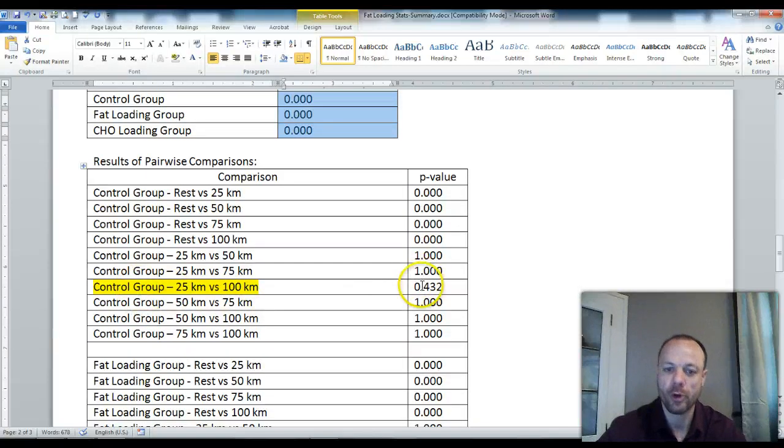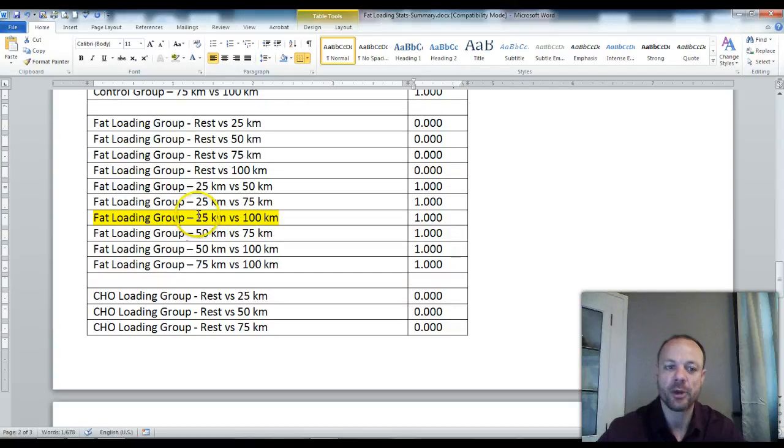For the control group, when you look at this p-value, it is much greater than 0.05, and so this is not a significant difference, meaning that while there's probably a numerical difference between the RER for the control group at 25 kilometers and at 100 kilometers, it is not statistically significant.